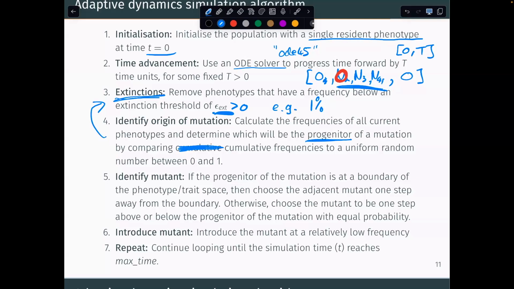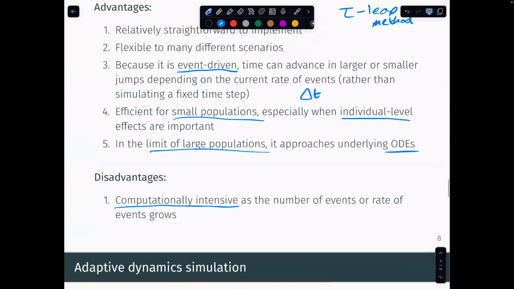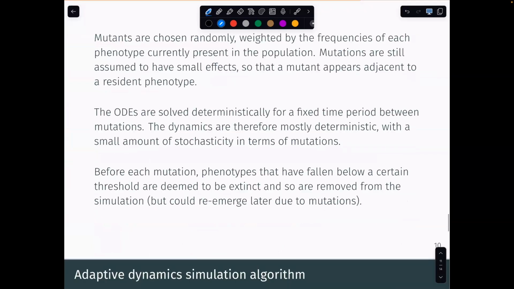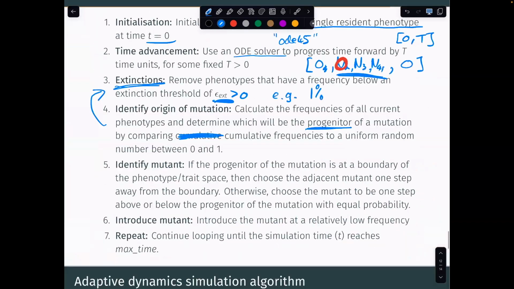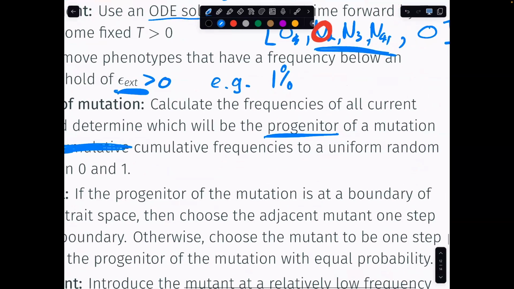So this is essentially the same process that one uses here to calculate the time. We're choosing a random number between 0 and 1, uniformly randomly distributed. And we're choosing our mutant based on how much of this window they take up.